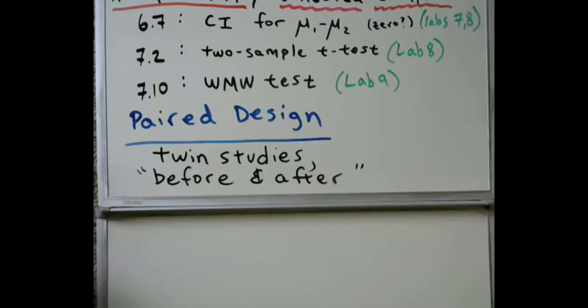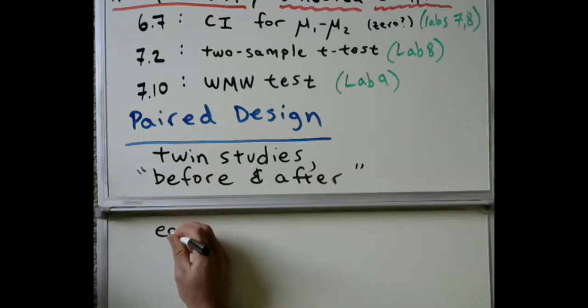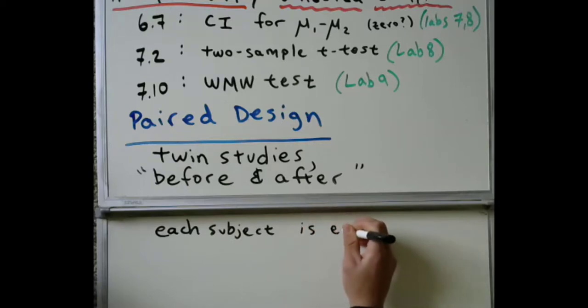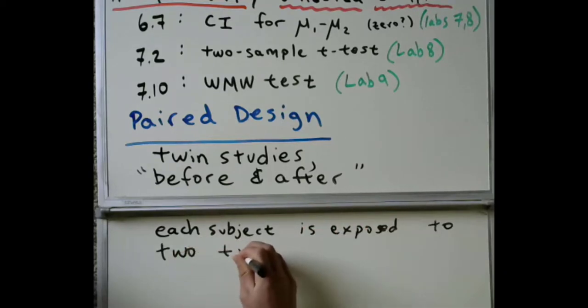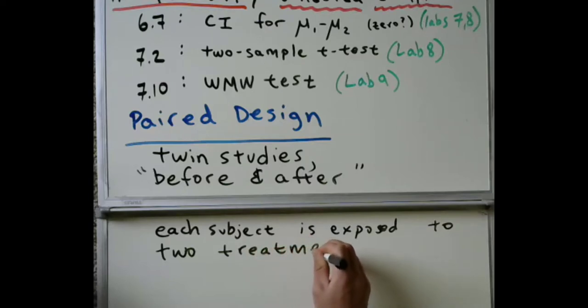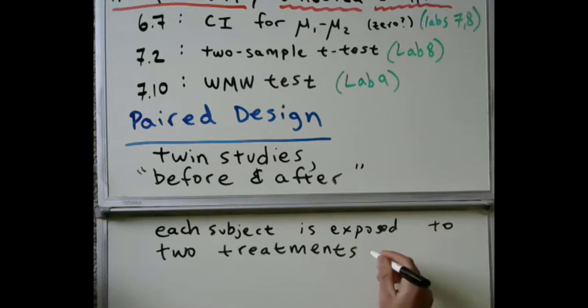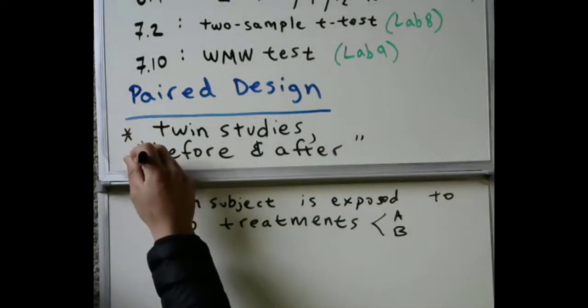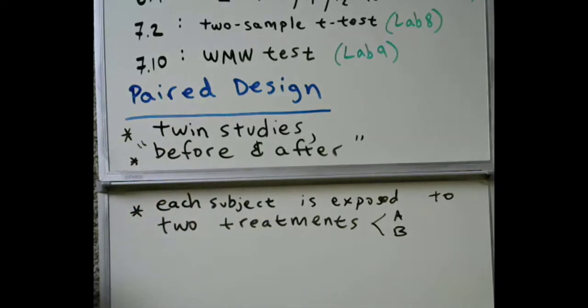Another way this can take place is if each subject in the study is exposed to two different treatments, treatment A and treatment B, and now you've got a pair of data: the measurement of the response variable under treatment A and under treatment B. So there are all sorts of ways that you can get pairs. Here are just three of the ways that we might see.